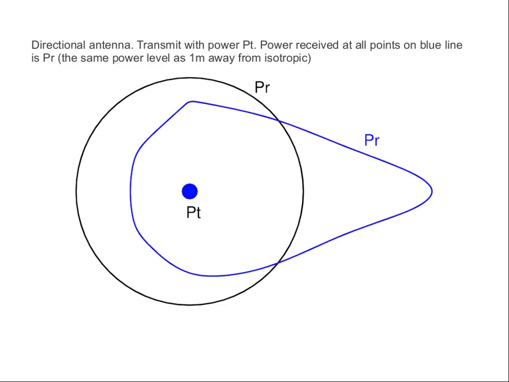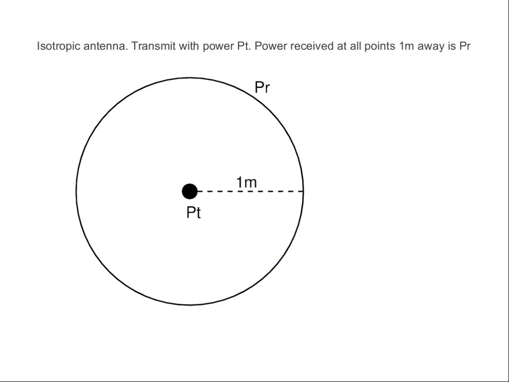The same with the circle. At all points on that circle, if I measure the signal, I get 1 watt received power.